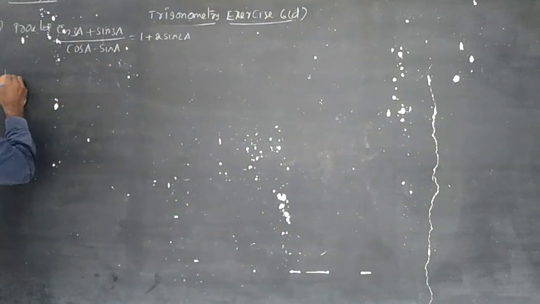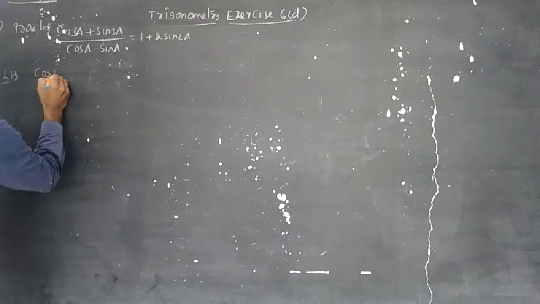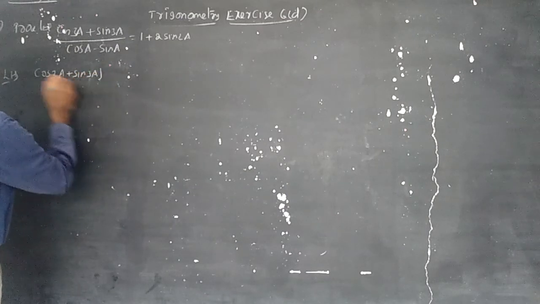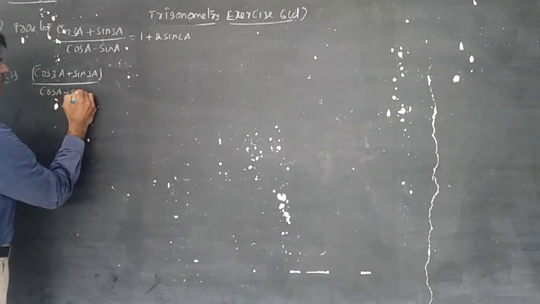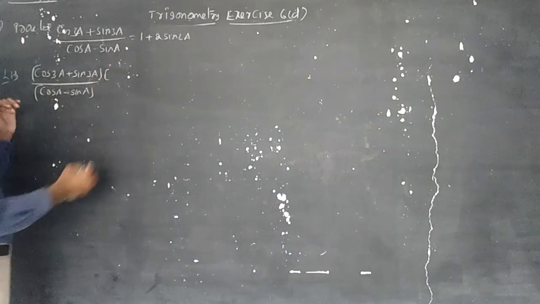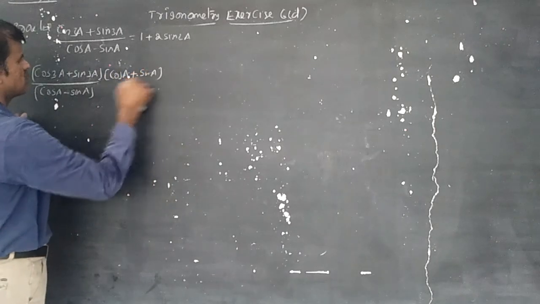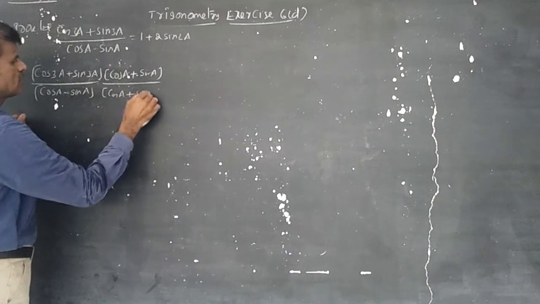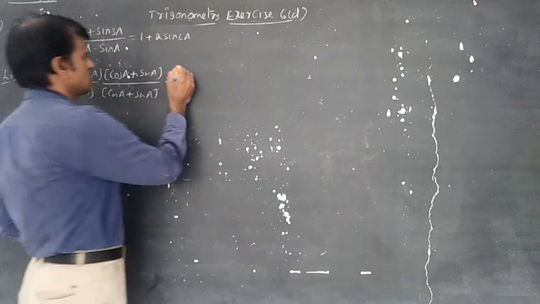Taking LHS, cos 3a plus sin 3a by cos a minus sin a. If we take rationalization, multiply and divide with cos a plus sin a, then multiply cos 3a with cos a like this.